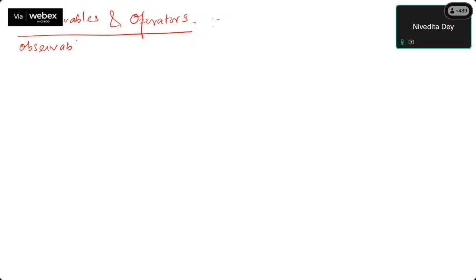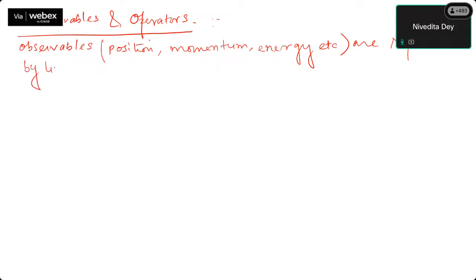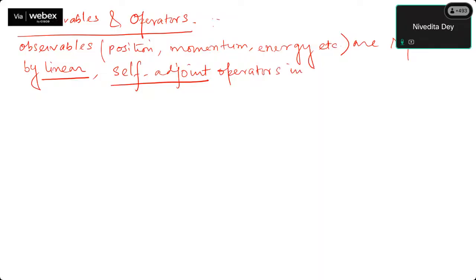Observables can be either the position or the momentum or the energy, etc. And observables are represented by some linear, okay, and self-adjoint operators in that infinite dimensional vector space, which is also complete, known as Hilbert space.